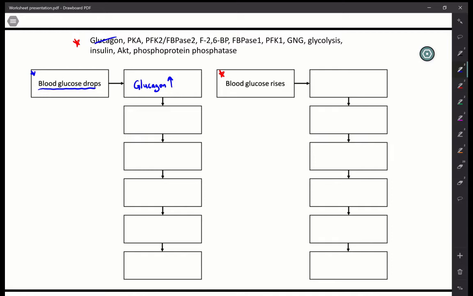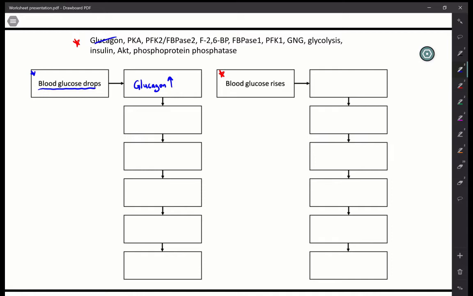And adenylate cyclase, if you remember from our discussion in lecture 6, is going to make cyclic AMP. Cyclic AMP is a small molecule messenger, and it is going to accumulate in the liver cell. When it accumulates, it will bind to and activate PKA.